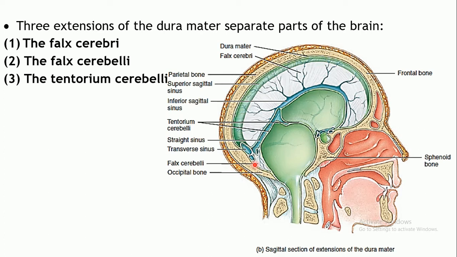But there are extensions at specific areas which separate different parts of the brain. These extensions are the falx cerebri, this is the one. Second one is the falx cerebelli, this is the one. And the third one is the tentorium cerebelli. That's the one, tentorium cerebelli.